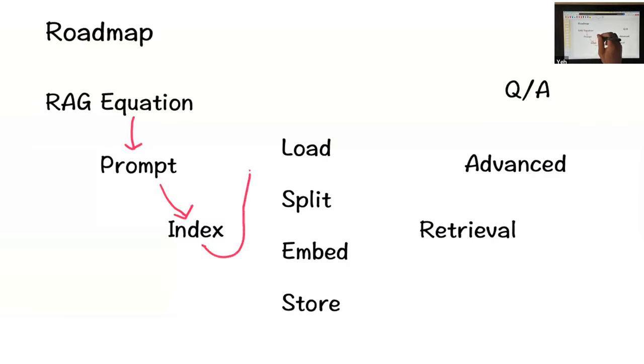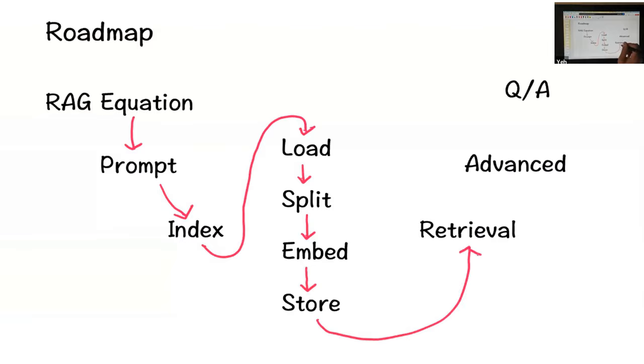Indexing involves a pipeline of loading data, splitting data into chunks, embedding each chunk into vectors, and storing those vectors into a database. And then with that, how can we retrieve that information from the database? If we have time, we'll go through some advanced RAG techniques, even though it's a beginner's guide, using a very intuitive overview of some of the advanced techniques, and then question answering. So that is our roadmap.